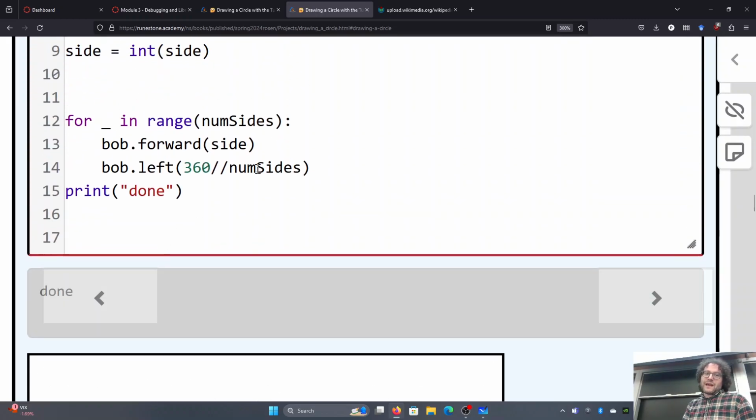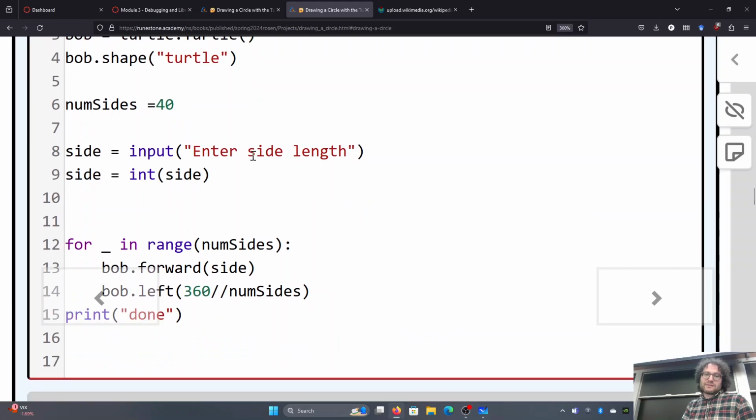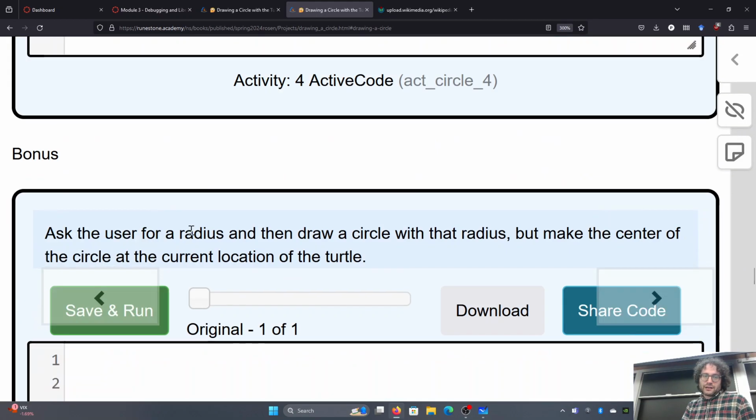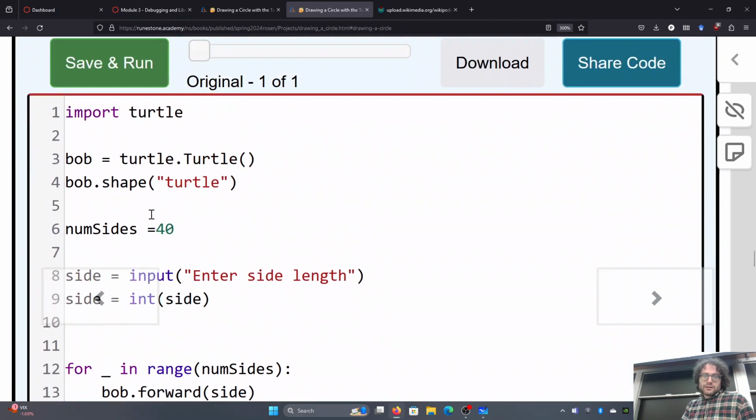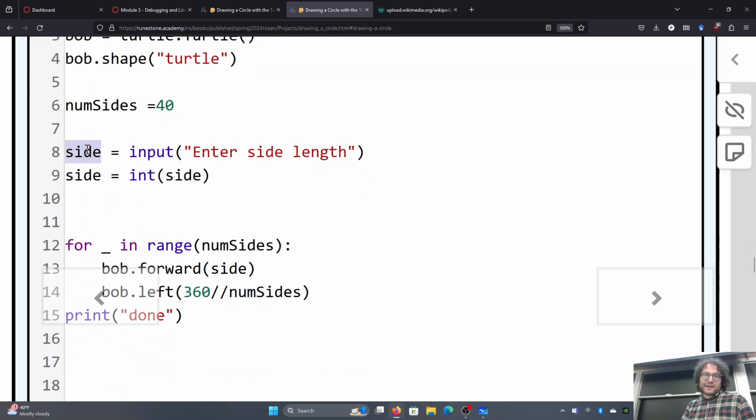But I'm not actually drawing a circle, so even though I'm going to be receiving a radius like this, let's go ahead and copy and paste it over here. Instead of taking in a side length, I need a radius. Radius of fake circle.